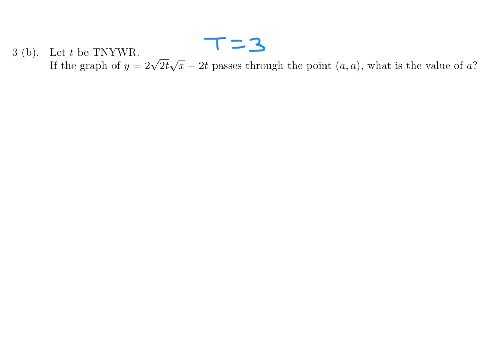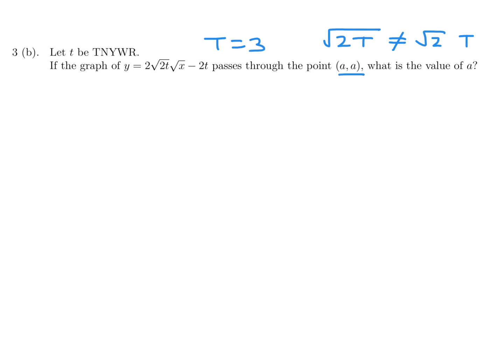If the graph of y is equal to 2 times the square root of 2t times root x minus 2t passes through the point A, A, what is the value of A? Well, first of all, the square root goes all the way over the 2t. That's important because there's a difference between this and this. You see what I'm saying? Those are not equal. So you got to make sure. And sometimes the text is so small, sometimes it's hard to see.